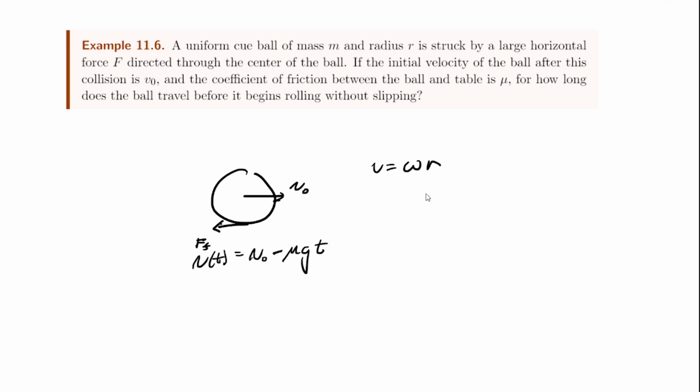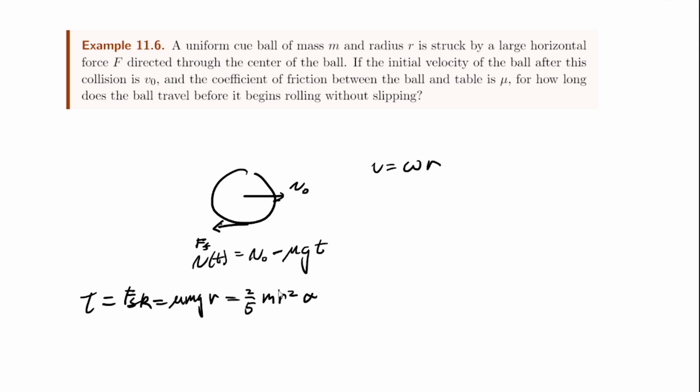And now for omega of t, well, what's the torque? So torque is equal to the friction force times r, and the force of friction is again mu mg, so mu mg r is equal to I alpha. The moment of inertia, since this is a uniform ball, is 2/5 m r squared, times alpha.